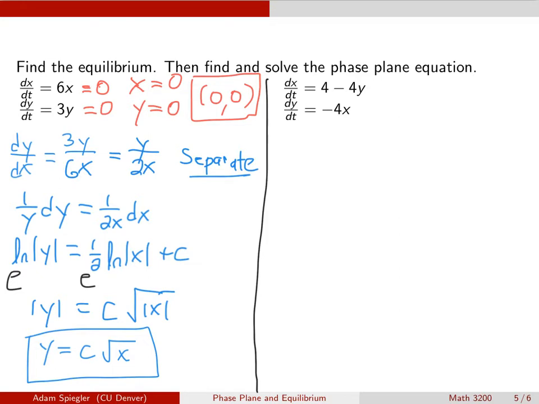Let me just say that this is kind of a special example because it's really just two totally independent differential equations. The equation for dx/dt doesn't depend on y, and the equation for dy/dt doesn't depend on x. So we could actually have just solved this system directly by integrating each of those equations. For example, integrating the top equation would give me that x is equal to c times e to the 6t.